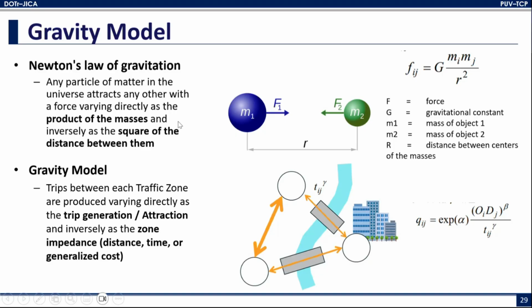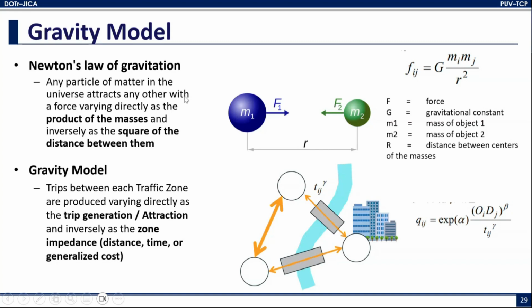I'm not sure all of you know about Newton's law of gravitation. However, this law states that any particle of matter in the universe attracts any other with a force varying directly as the product of the masses and inversely as the square of the distance between them. It's a little bit complicated.